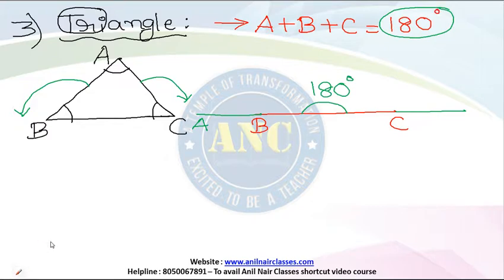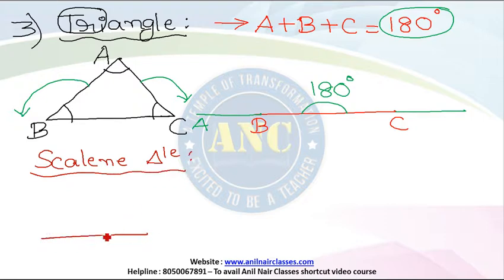Sir, should all the 3 angles be equal or should all the 3 sides be equal? There are different types of triangles again in such cases. First, one type of triangle we can learn is a scalene triangle. What is the scalene triangle? One of the simplest triangles is the scalene triangle, where none of the sides will be equal.